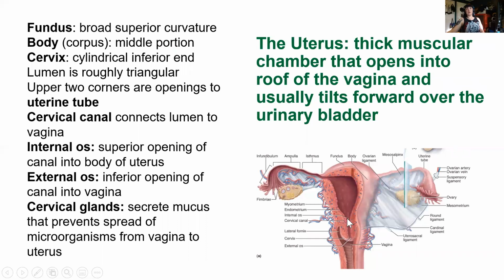And the cervix is kind of its own deal for that reason. So you can see it looks like a funnel fitting into a tube almost. And there's an internal and external os, which is just the fancy word for the orifice. And much of the time, the area between the internal and external os of the cervix is full of a mucus plug.